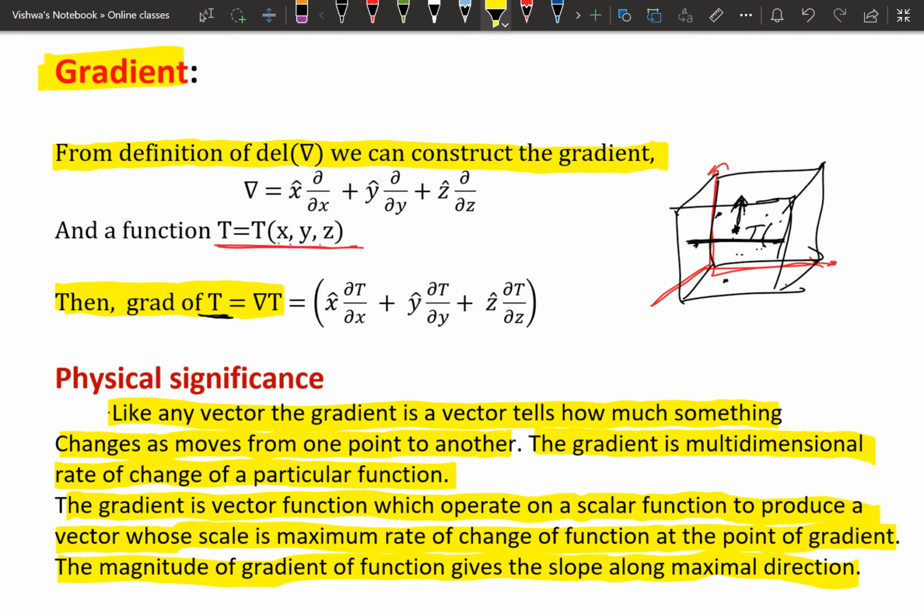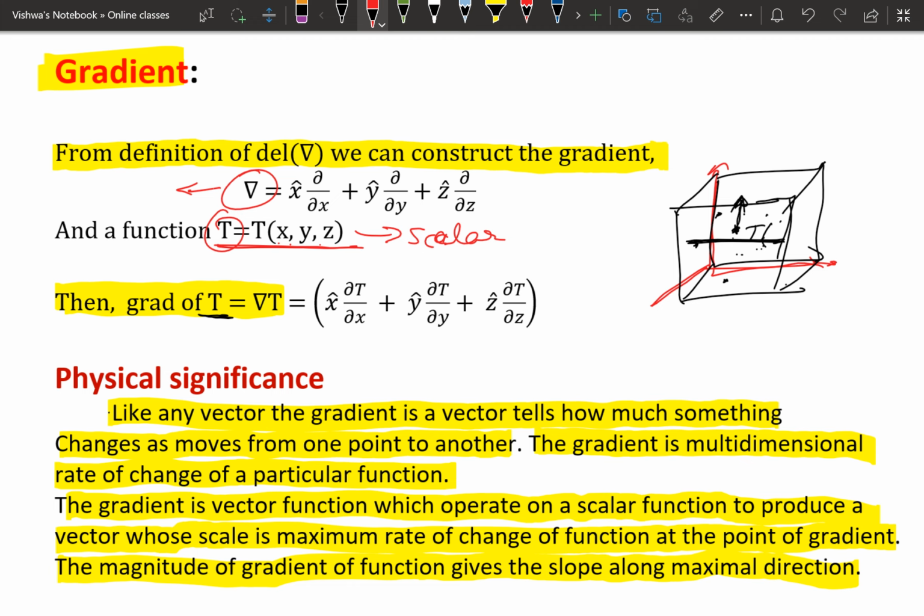So how can we say that the gradient of a function is a vector? Actually, temperature is a scalar quantity. This del is considered as a vector quantity. As you know, when a vector operates on a scalar, it becomes a vector.